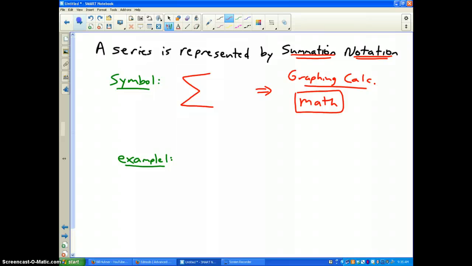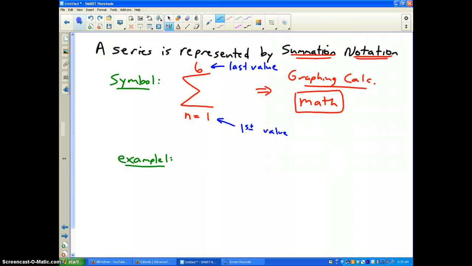Now, how does this symbol work? It has a value of n. It could start at 1 or it may start at something else. And it tells you the first value and the last value. The first value of n is right there on the bottom of the summation notation, and the last value of n is on the top.